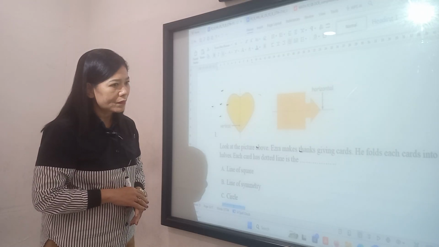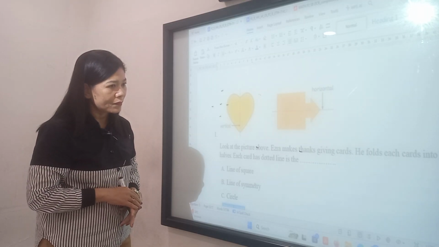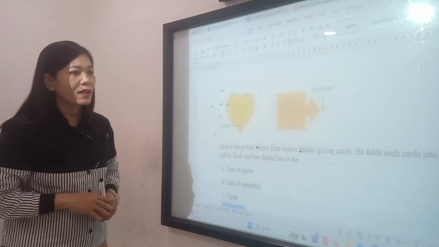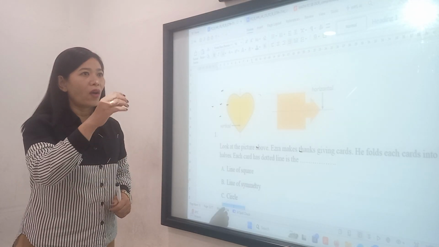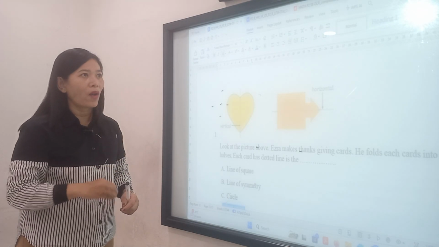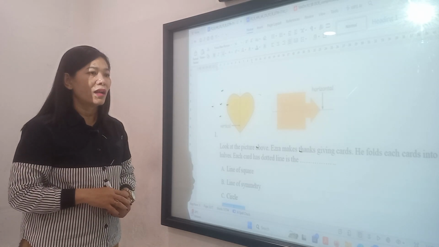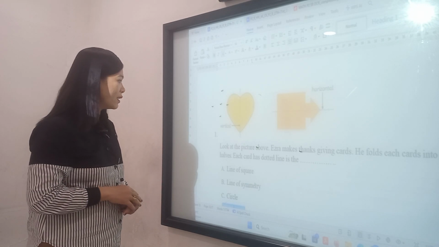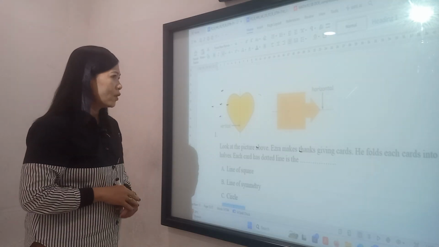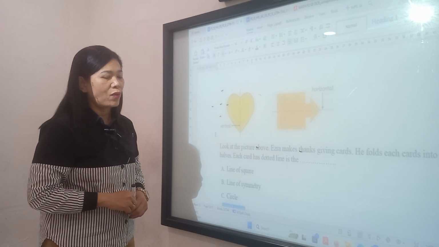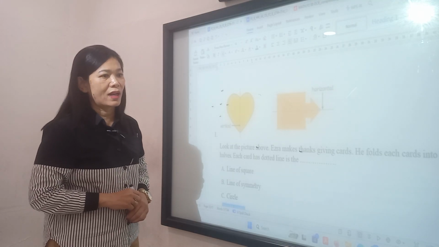No, I mean here, if you want to explain to your students later, what would you say so they can understand? Okay, it is a line of symmetry. This is to divide each shape, and you find the same size after that.